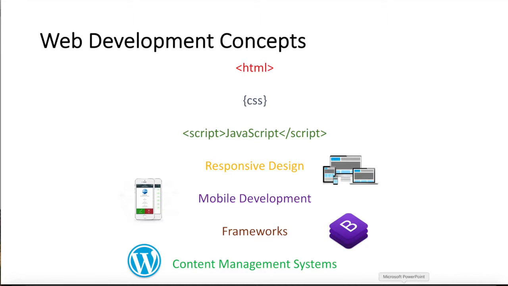It's an open source system, and about 25% of all websites are developed in WordPress. They're hosted, or their back end is provided by WordPress, and that just provides the database that holds all your content and allows you to organize your content. And quite often there are themes created in WordPress that are based in Bootstrap. So all this stuff kind of flows together.